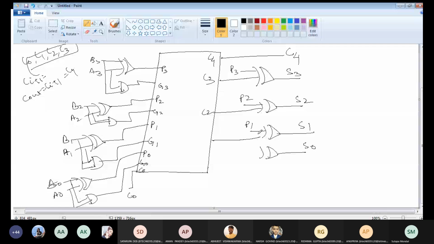So all the values are: P3 XOR C3, P2 XOR C2, P1 XOR C1, and P0 XOR C0. This is nothing but your carry look ahead generator.